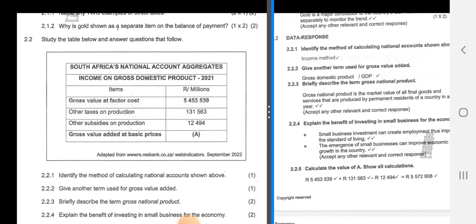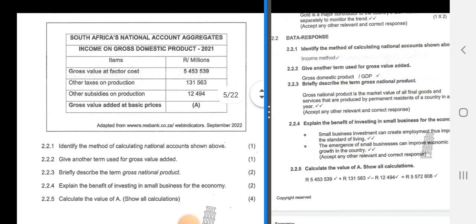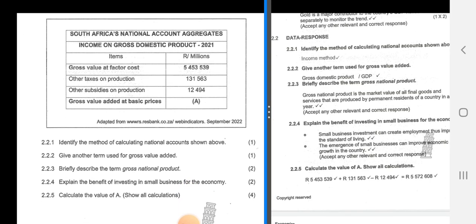Identify the method of calculating national account shown above. It is the income method. 2.2.2 says give another term used for gross value added. That is the gross domestic product, GDP.